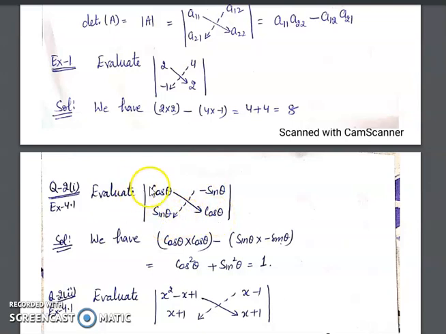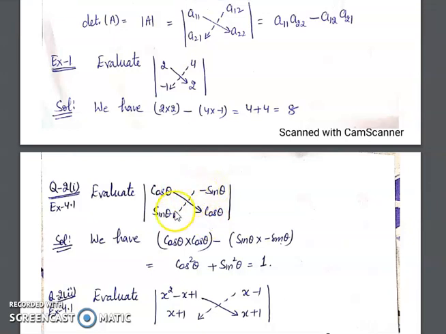Remember, we have to cross multiply, and the order remains: cos theta into cos theta minus sin theta into sin theta. Cos theta into cos theta is cos square theta, sin theta into sin theta is sin square theta, and the minus becomes plus. So cos square theta plus sin square theta is equal to 1.